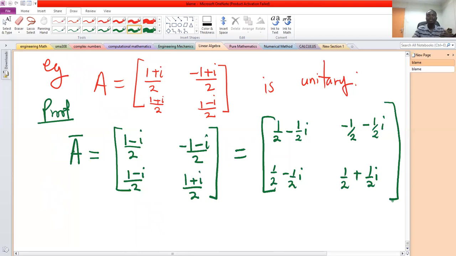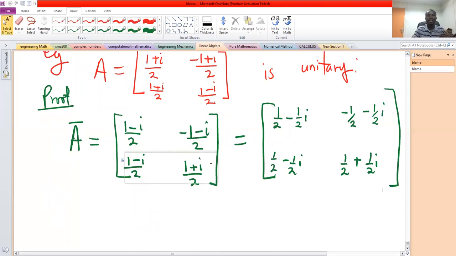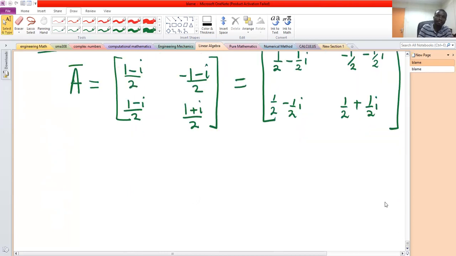Once we have the conjugate of the matrix, then you transpose it to get A raised to the power theta, which is the conjugate transpose.